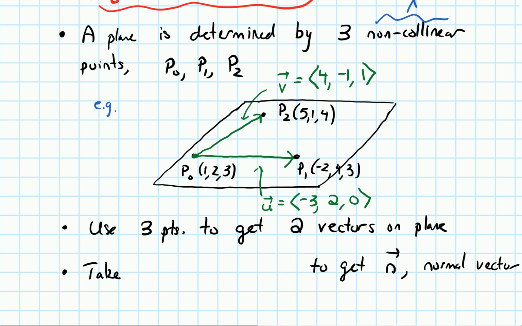I'm going to try to get a perpendicular vector to the plane, because that's what a normal vector is. So we will take their cross product to get n, the normal vector.